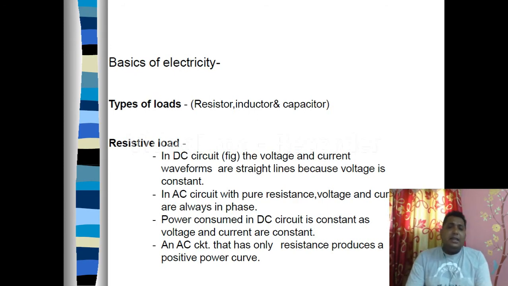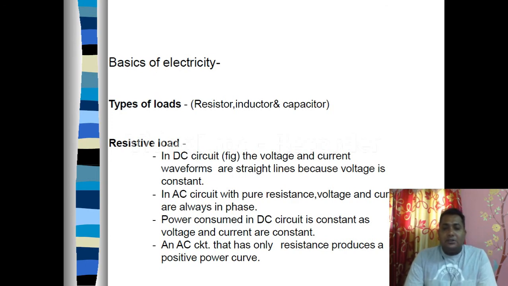Resistive load in a DC circuit: the voltage and current waveforms are straight lines because voltage is constant. Very simple, already discussed in school level physics. In an AC circuit with pure resistance, voltage and current are always in phase. There is no lead or lag concept here. Power consumed in a DC circuit is constant as voltage and current are constant.